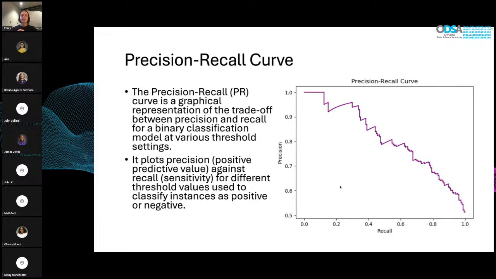So again, this is another metric that is agnostic of the threshold that you set. It looks across all of the thresholds, but instead of evaluating sensitivity versus specificity, instead of evaluating the true positive rate versus false positive rate, we're evaluating the precision versus the recall.